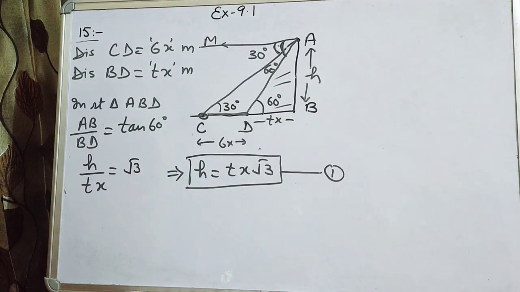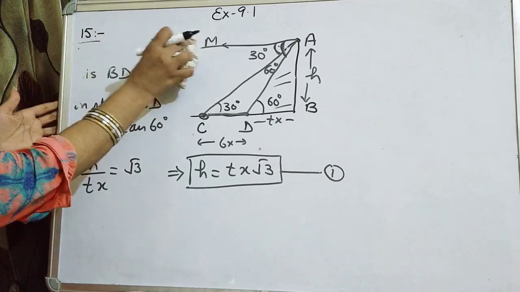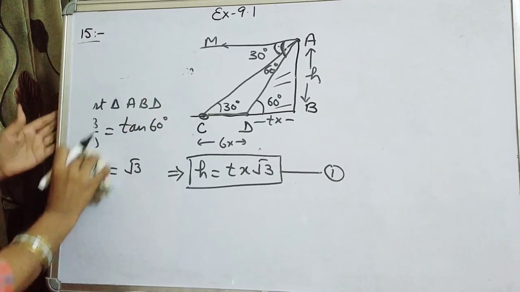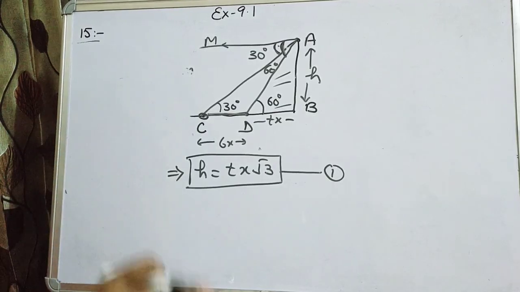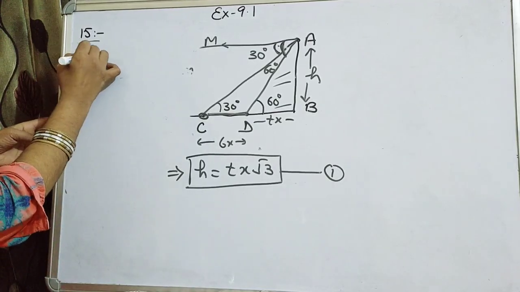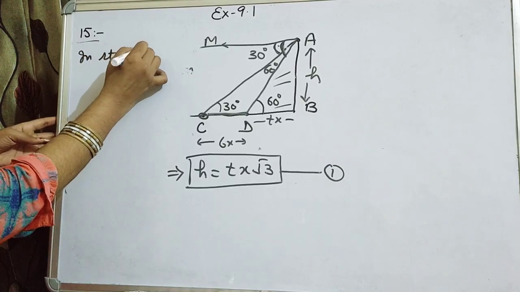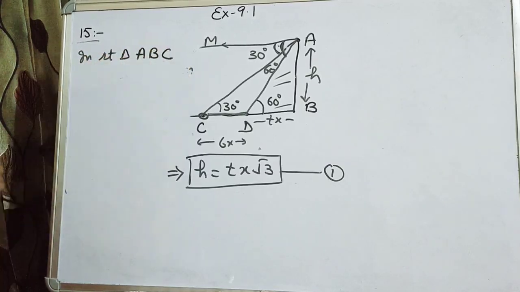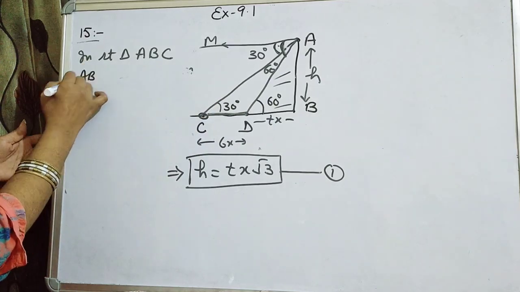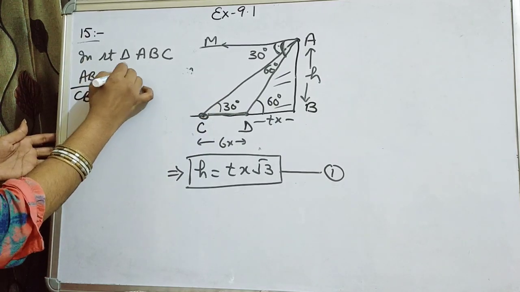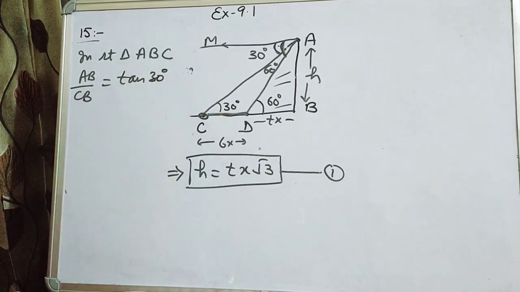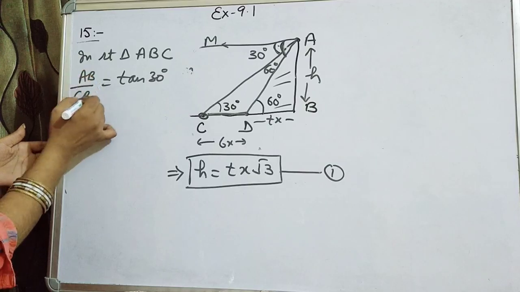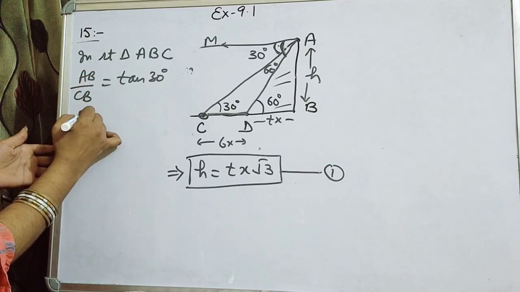Now I will apply this ratio again in the next right triangle, ABC. In right triangle ABC, again I am taking the ratio perpendicular by base, that means AB by CB, and that is tan 30, because the angle given here is 30 degrees.